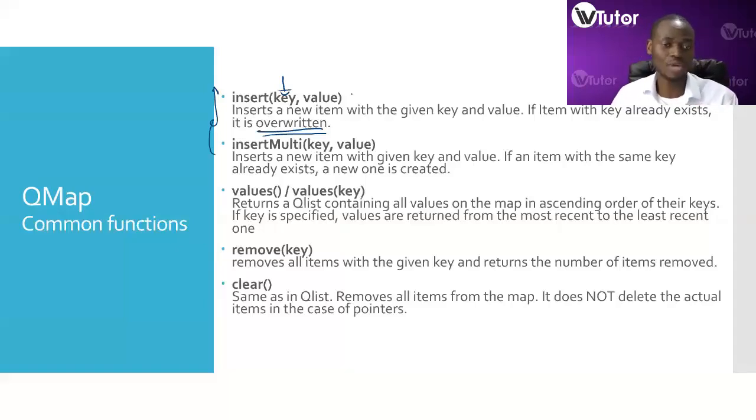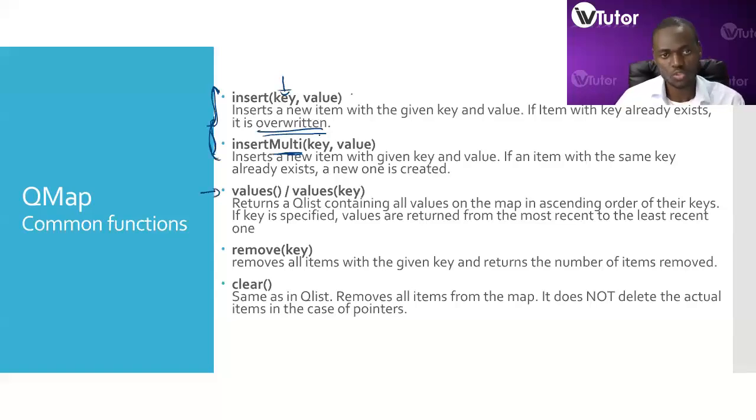But if you want to allow having multiple items with the same key, then when you insert your items into your map, you use the insertMulti function, which allows you to have multiple items with the same key. So that is how you insert items into a QMap.